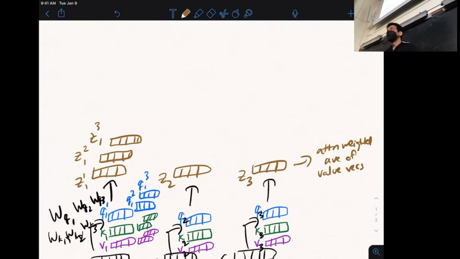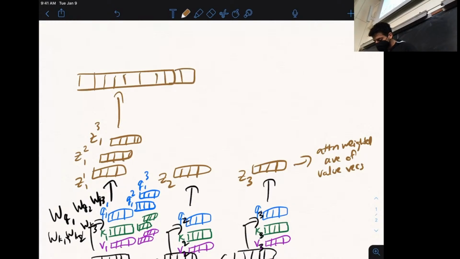Now, one of the problems is I need to get a single thing that I can pass into my softmax layer to predict the next word. So how do I do that? It's in the transformer, pretty straightforward. I will just concatenate all of these things together. So let's say this part is z sub 1. So I make this really big vector.